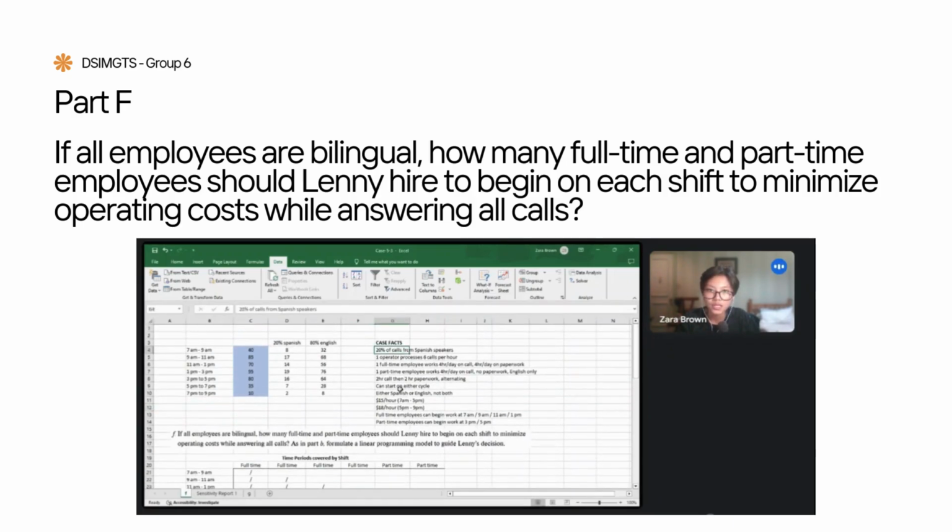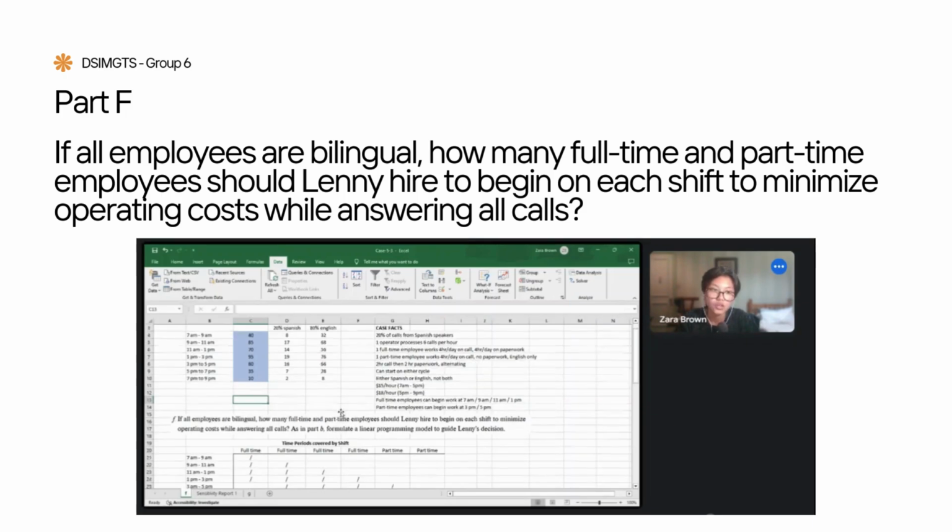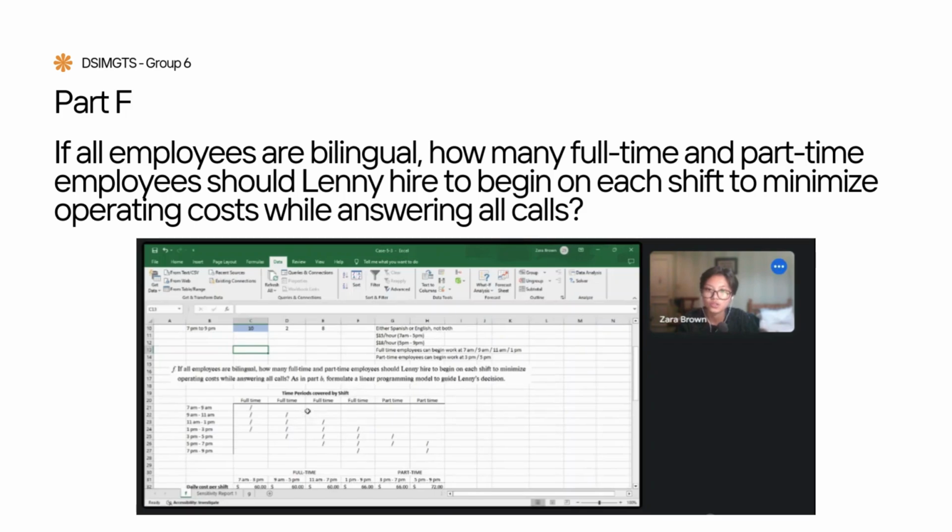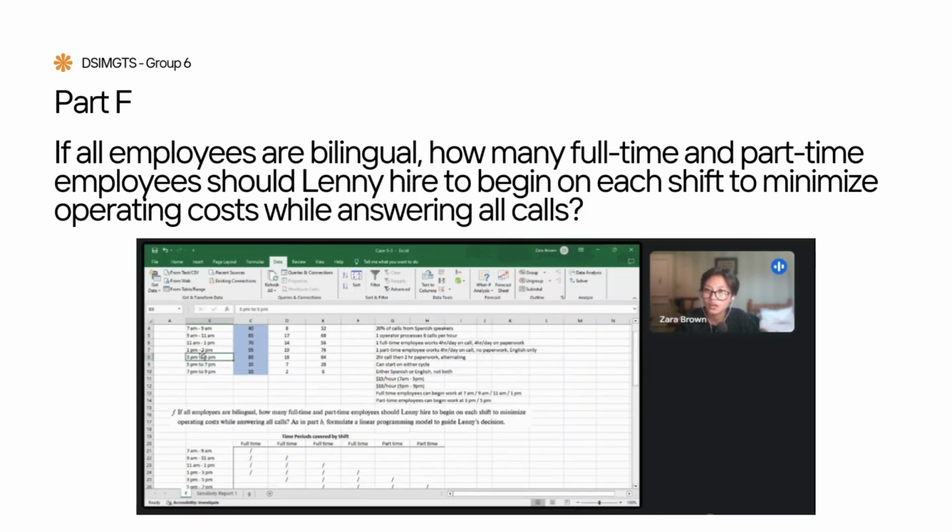So here are the case facts that we know and that we have also applied in the rest of our problems. For this problem, the amount of Spanish and English speakers would not be relevant. So we'll be taking these as the average total calls for each of these time periods.